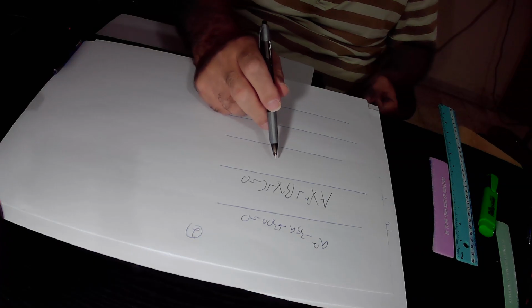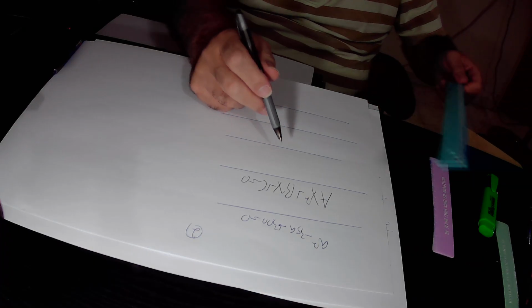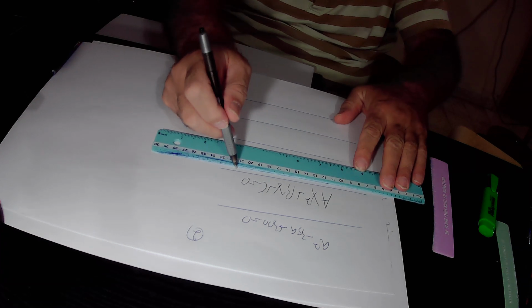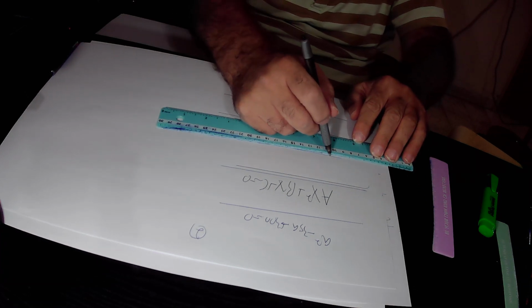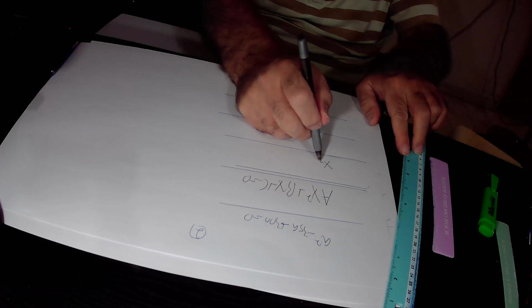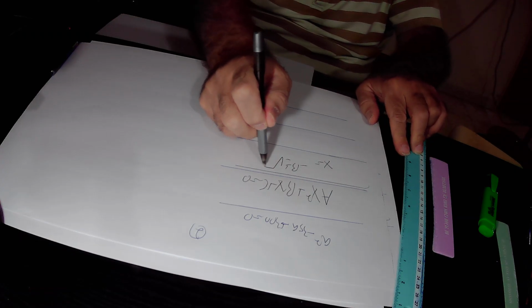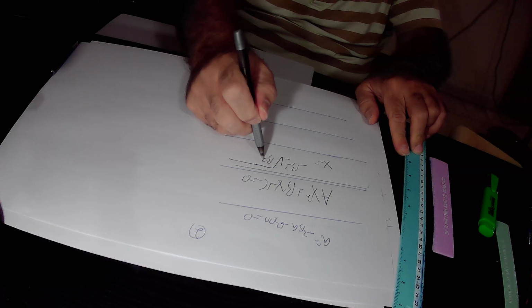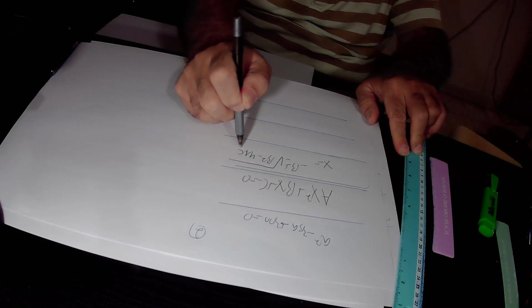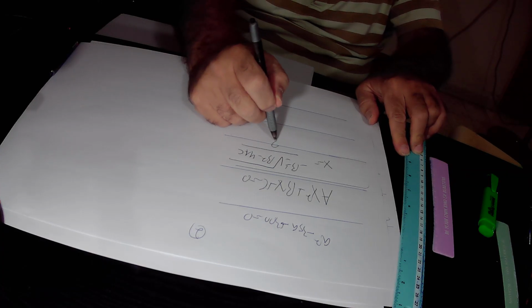And we find the value of x according to the following formula. x equals minus b plus minus square root of b squared minus 4 times a times c, over 2a.